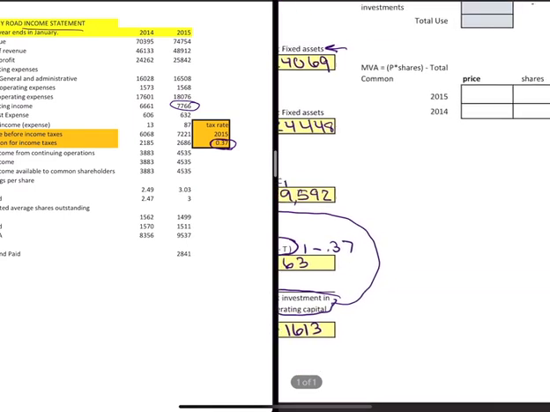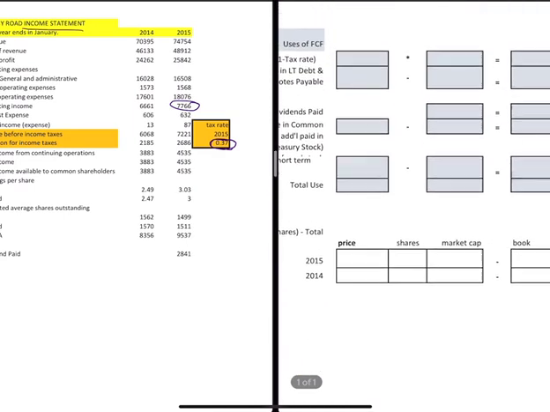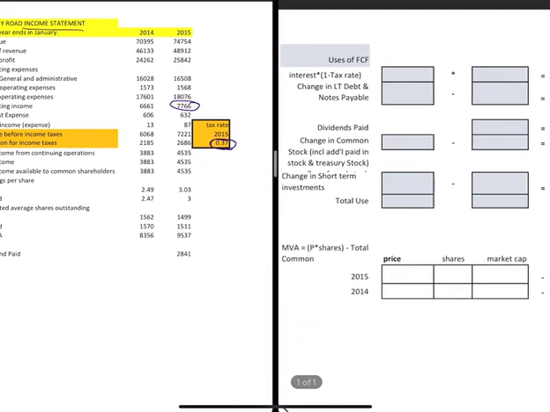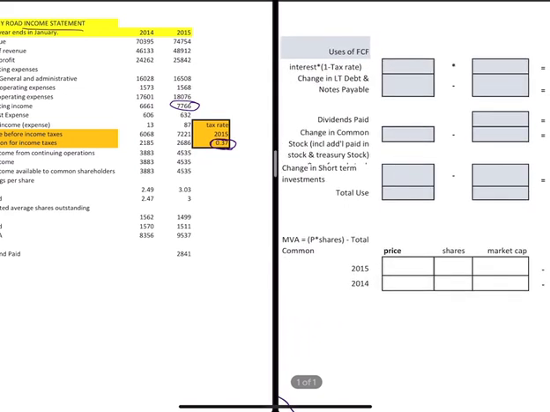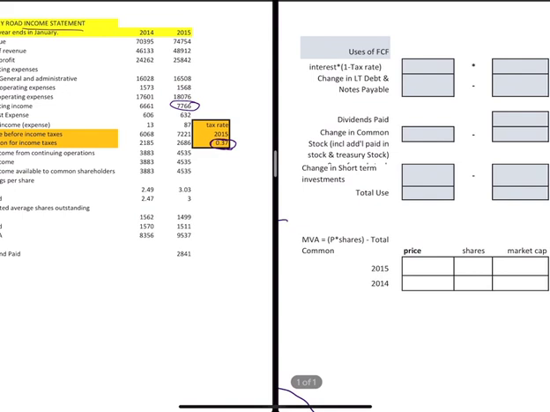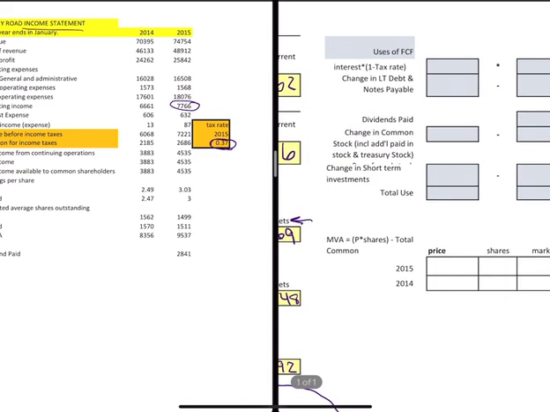So we're going to come up to this part of our spreadsheet and figure out the uses of the free cash flow. The first thing we do is, this actually should be after-tax interest times 1 minus the tax rate.